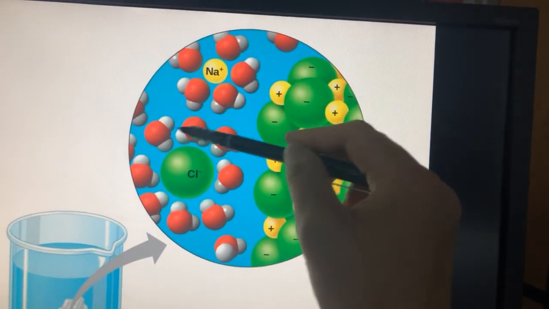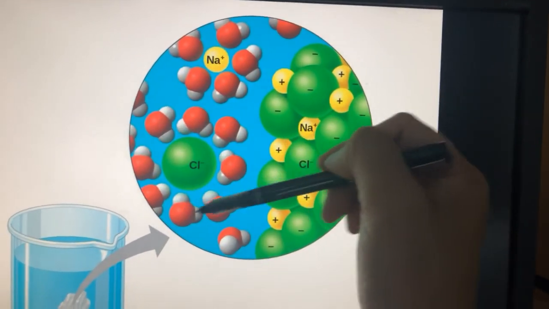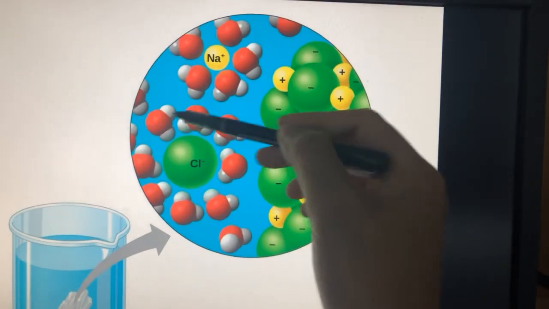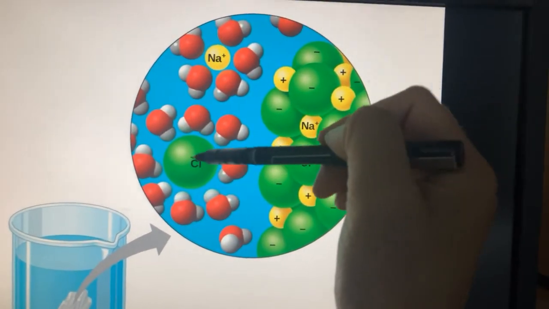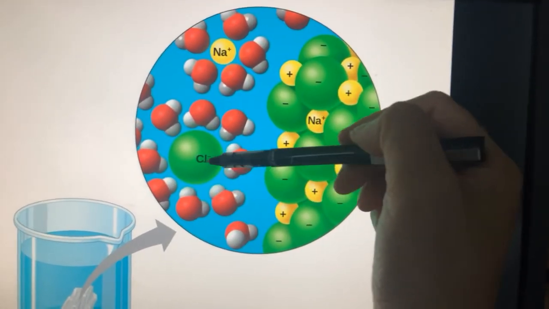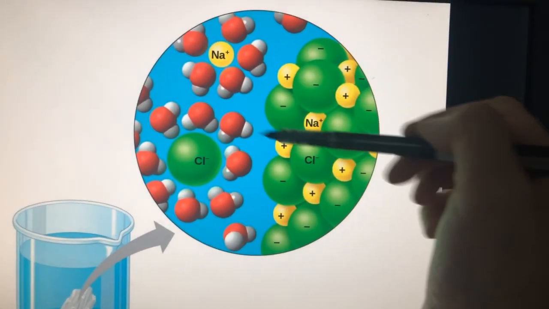The same thing with the Cl, and so you have here all the positive hydrogens. You see how they're oriented around there, around the Cl, and therefore no other thing besides the water molecules can get to it. And so therefore that's what dissolving is.